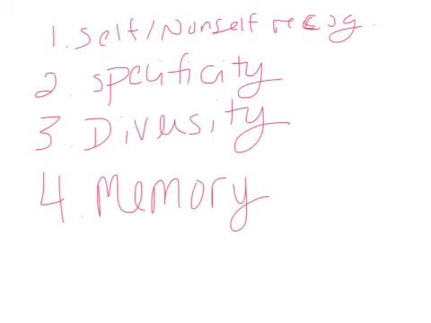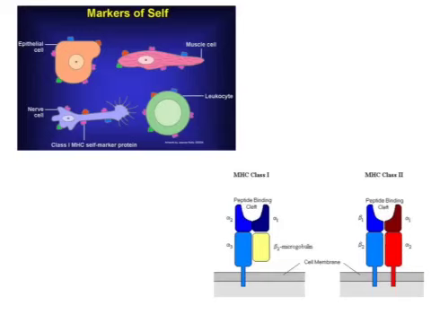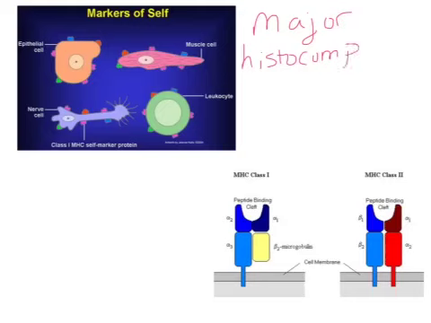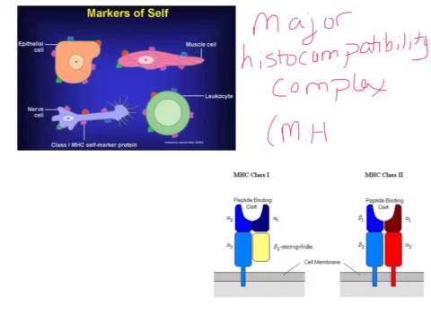So let's look at how it's able to recognize self versus non-self. These cells are going to be able to recognize self versus non-self using what's called the major histocompatibility complex, which from now on will be the MHC.